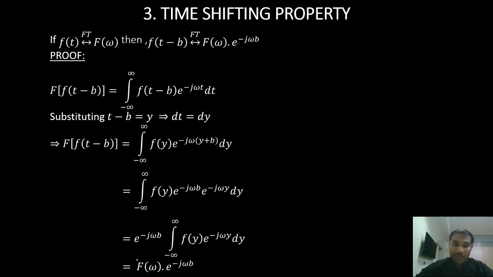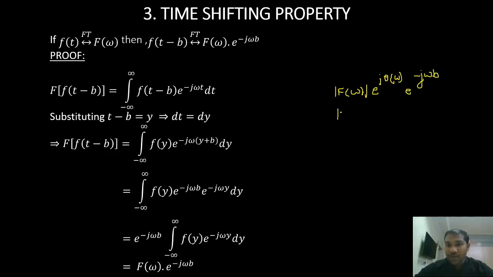If you take the magnitude of this thing, I can write F of omega as mod F of omega into e power j theta of omega. This is how I can represent my F of omega. And I also have e power minus j omega b here.